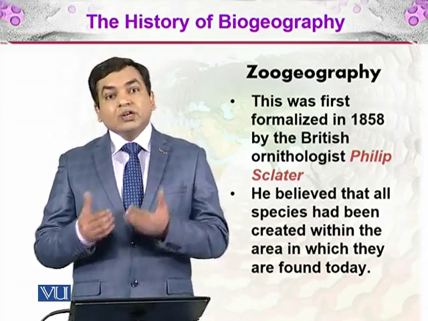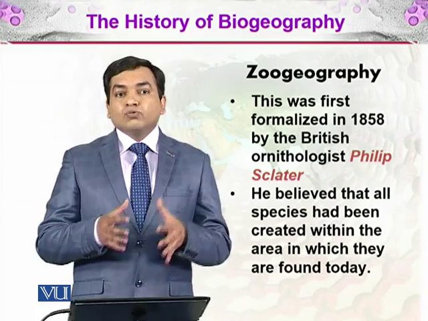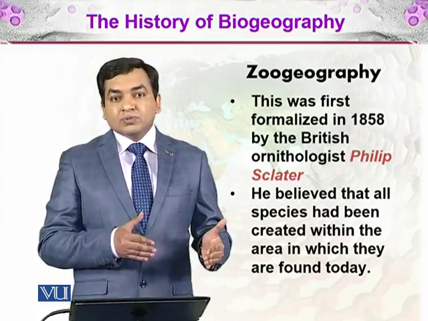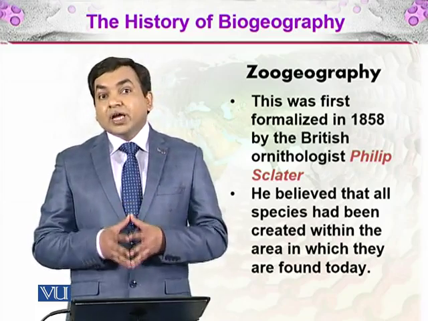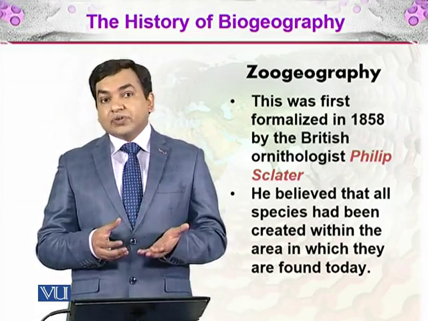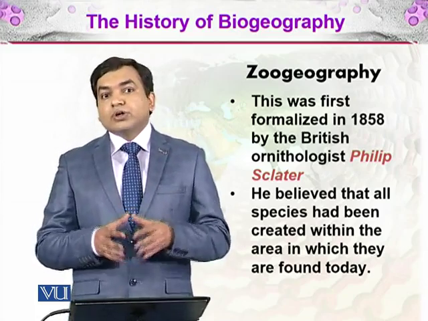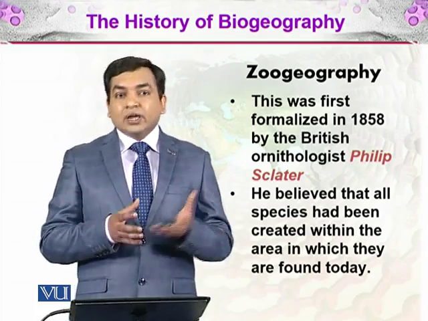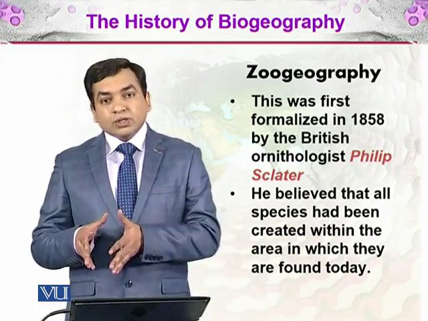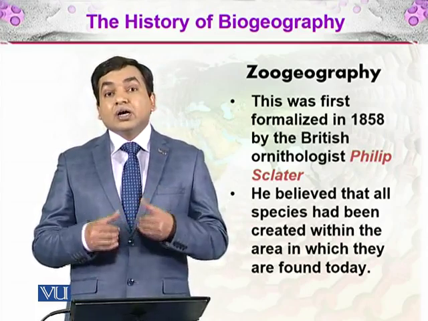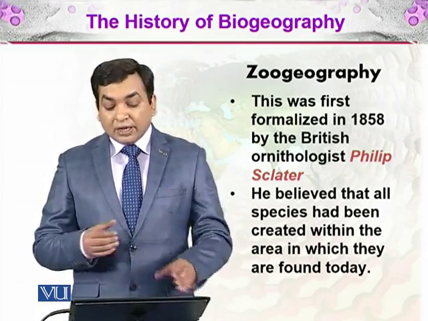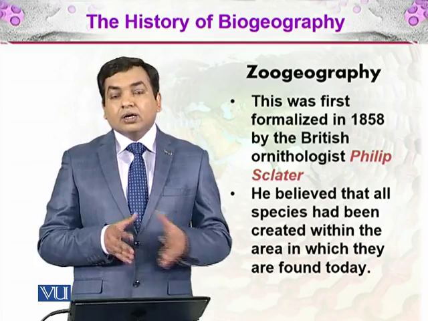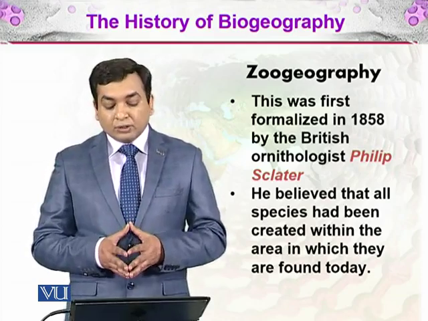So it was his thinking that if we find one species in one particular area, that species originated there, which is of course not true. There are a lot of species which originated in one place and are found in other places. But this was his idea, and he devised a map as well and formalized the earlier zoogeographical mapping.